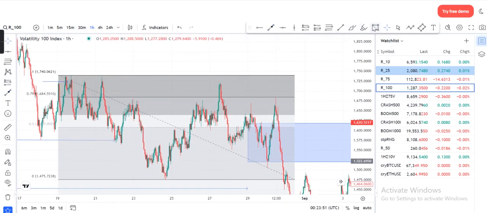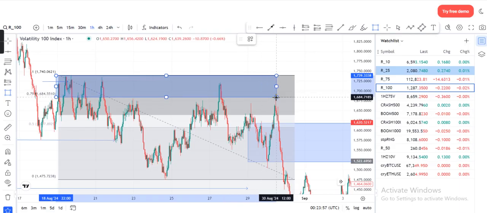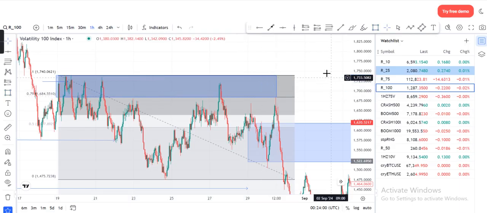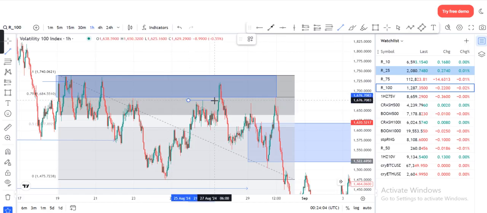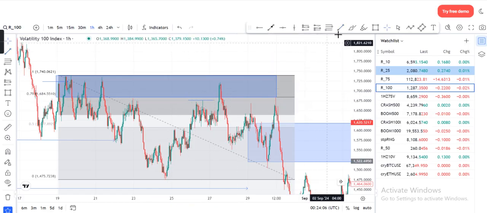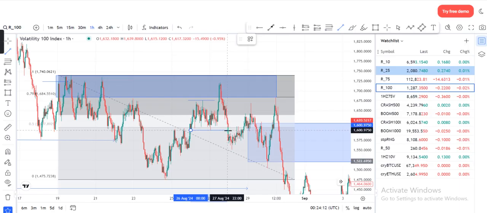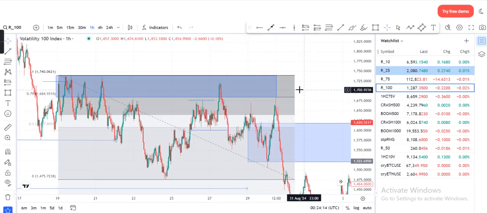So we saw market got into this level, gave us our liquidity grab at this point, then gave us our break of structure at this point also, and gave us a very wonderful entry also, a second entry.